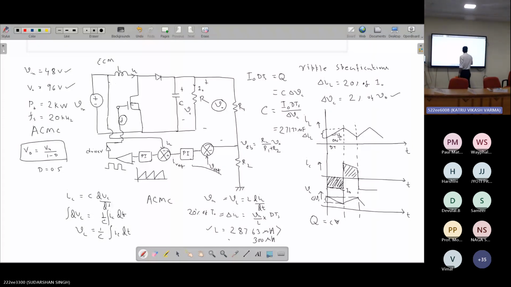So accordingly, we have chosen the capacitor value greater than this value, which is 470 microfarad, for our simulation. So the L value that we have chosen is 300 microhenry. The C value that we have chosen is 470 microfarad.